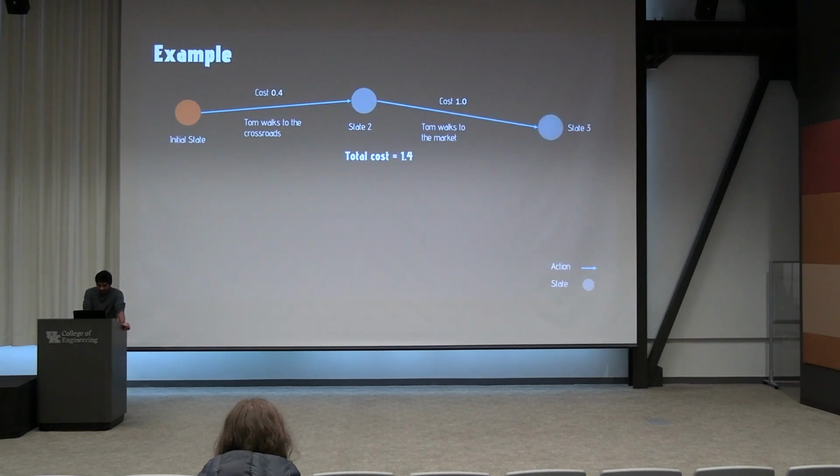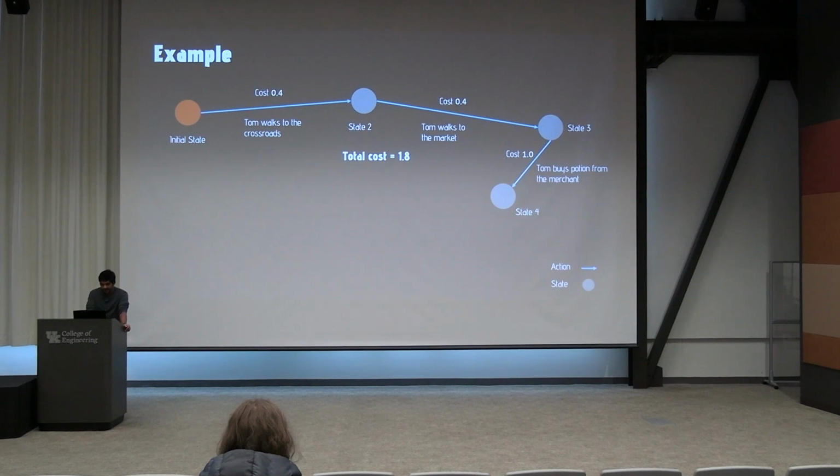The second action is Tom walks to the market, and in order for Tom to walk to the market, Tom needs to be at the crossroads. So the action Tom walks to the crossroads becomes causally necessary. Hence, Tom walks to the crossroads action is now discounted, so it will get the cost of 0.4, and now the total cost is 1.4.